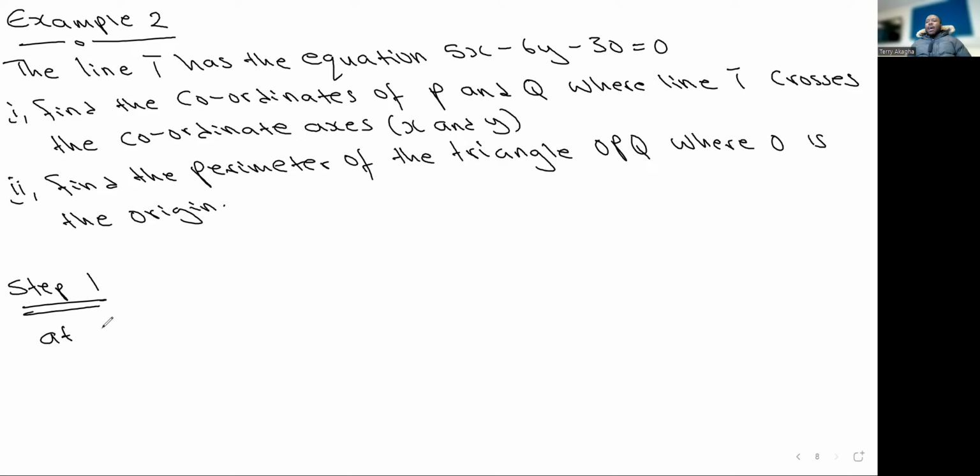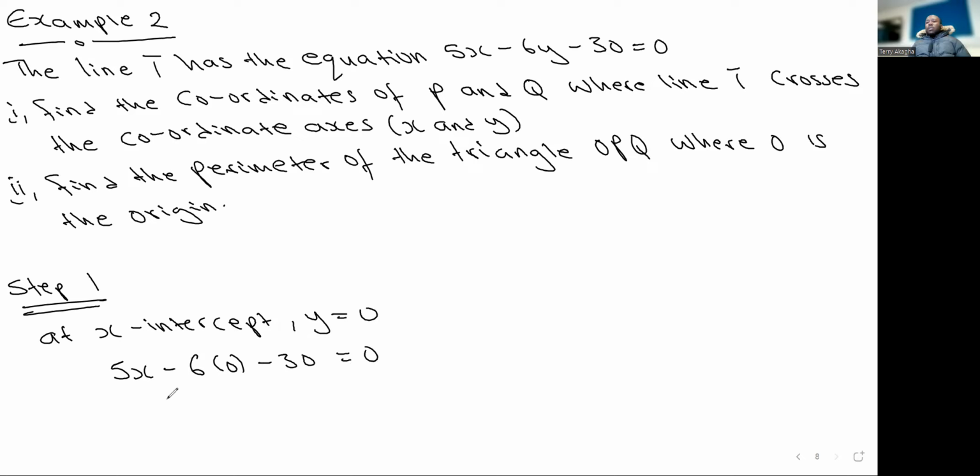So at the x-intercept, y will be equal to 0. We go back to the equation: we have 5x minus, but anywhere we see y, we put 0. That gives 5x minus 6 times 0, minus 30 equal to 0.